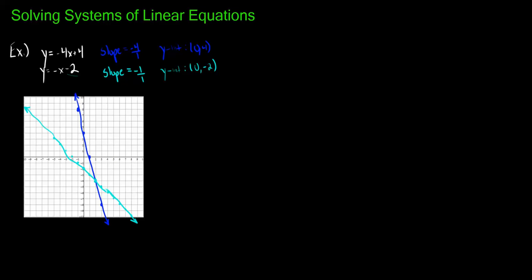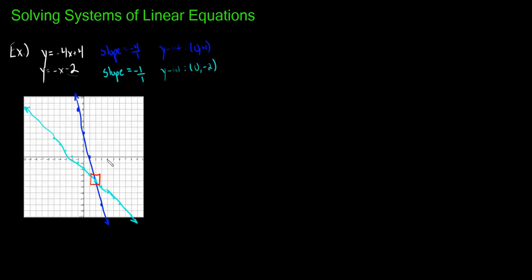Now there's something interesting that happened. Right here, our lines intersected, okay? And that's actually where the solution of a system occurs. The solution of a system occurs where the graphs intersect one another, okay?